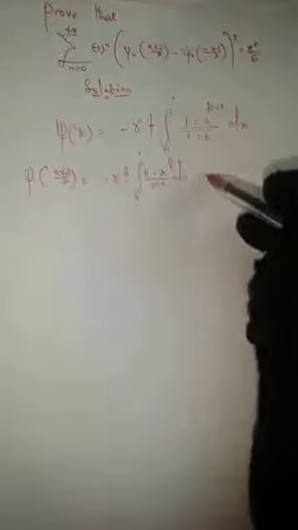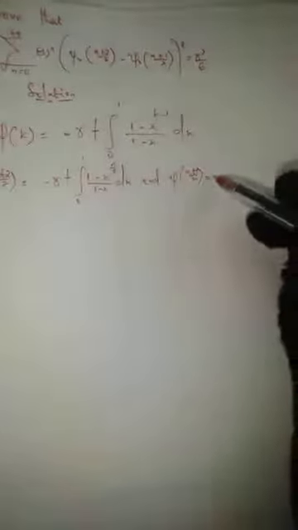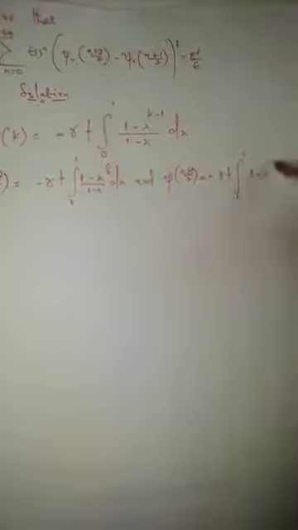Okay, now this digamma of (n plus 2) over 2 can be represented. That is, the digamma of (n plus 2) over 2 will be minus the Euler-Mascheroni constant plus the integral from 0 to 1 of (1 minus x raised to n over 2) over (1 minus x) dx, and the digamma of (n plus 1) over 2 is equal to minus the Euler-Mascheroni constant plus the integral from 0 to 1 of (1 minus x raised to (n over 2 minus 1 over 2)) over (1 minus x) dx.